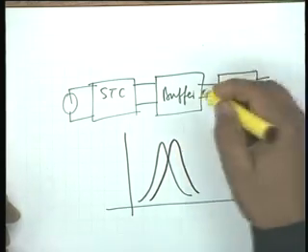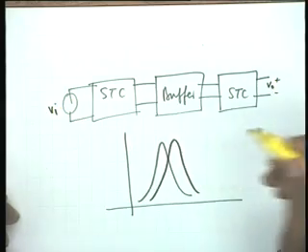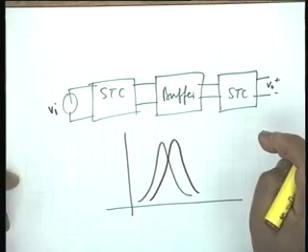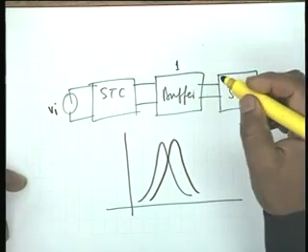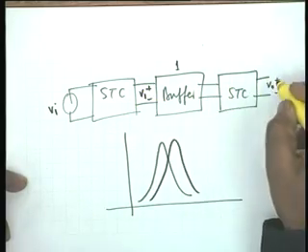Then the overall response V0 by Vi, the magnitude, shall be the product of the two. Isn't that right? If the buffer has gain, let us say 1, unity gain, then the transfer function, let us say this is V1 and this is V0.